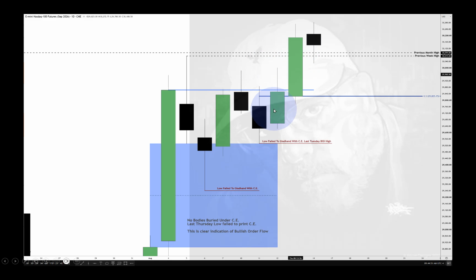And we hadn't really closed above this rejection block yet. All this consolidation in here. And on Tuesday, we had this little tip off here that they did not glad hand with the low of this candlestick, which is the high of this buy side imbalance, sell side inefficiency. So we have two themes, two confirmations that bullish order flow is still in order. That means, if you want to say it this way, I am predicting the buying pressure.